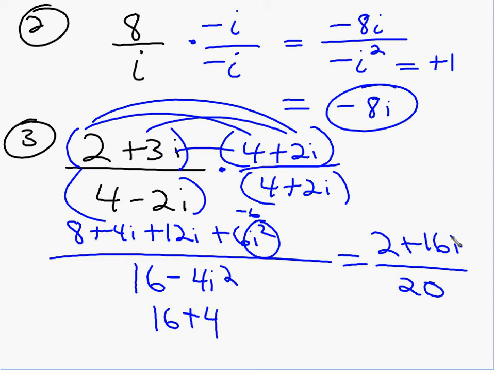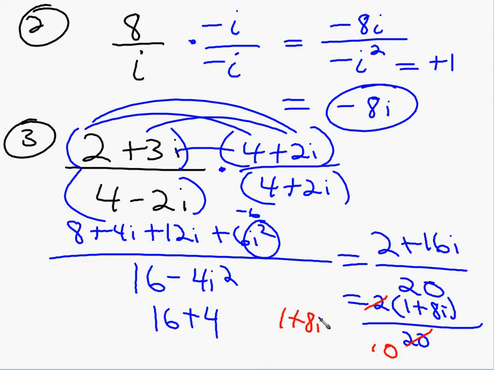Because I can do some reducing. I can factor a 2 out of the top and make it 2 times 1 plus 8i over 20. And then I can reduce the 2 and the 20. So the best final answer would be 1 plus 8i all over 10, like that. So that shows up some.